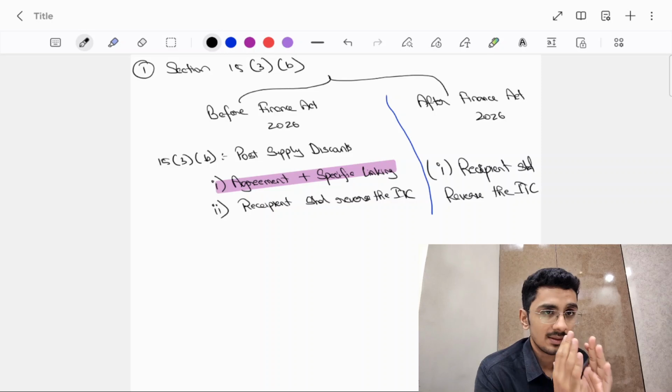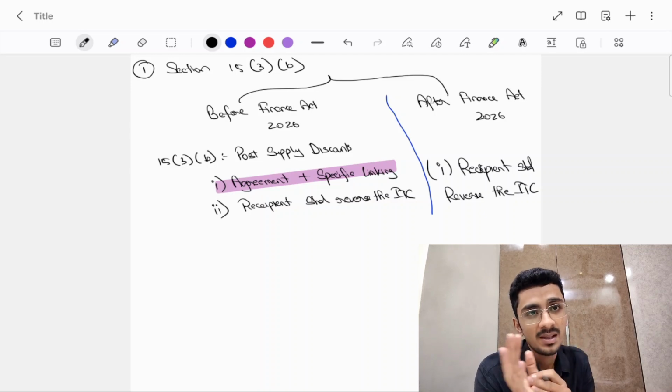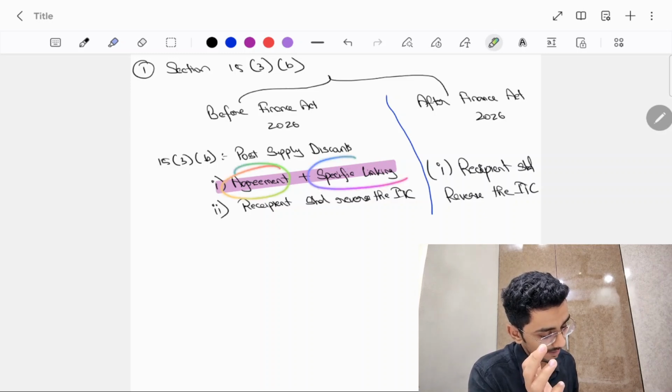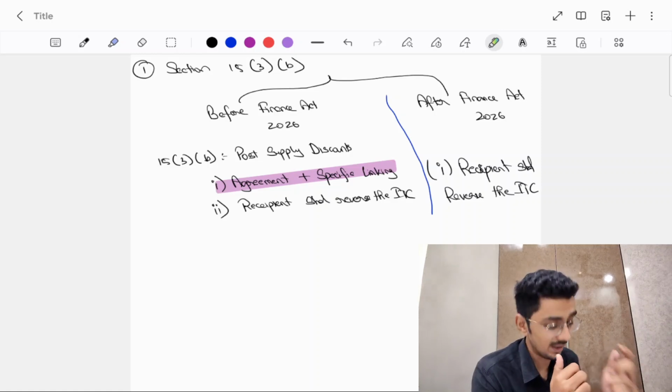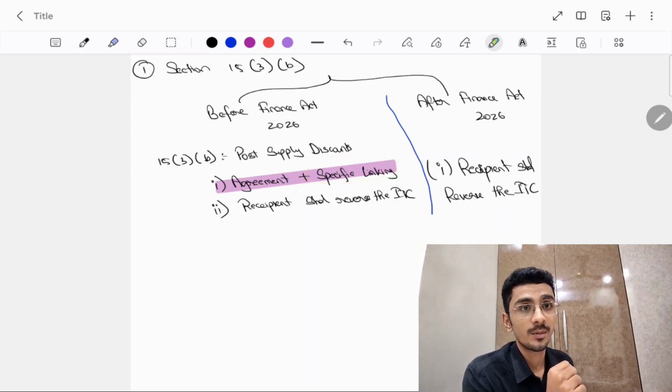Now considering this, the main intention was to remove the agreement component. But in the agreement component, if you just look carefully, there are two parts. One is agreement plus specific linking of the invoices. Now, once this condition is removed, many people are of the view that the specific linking provision is also removed from the provisions.